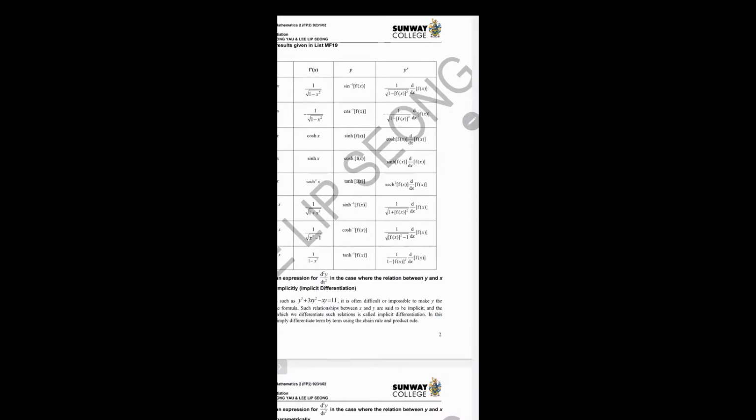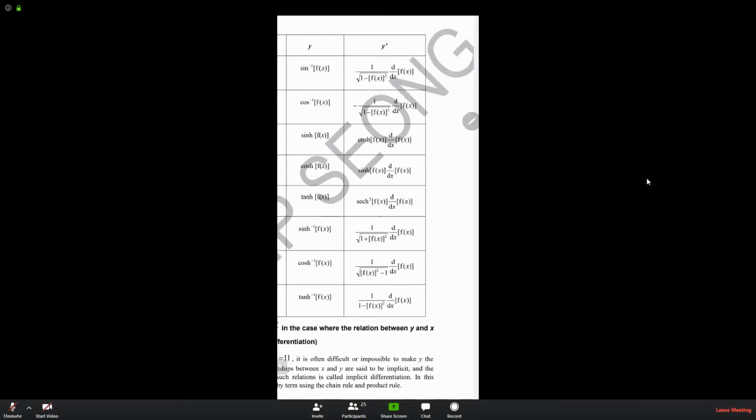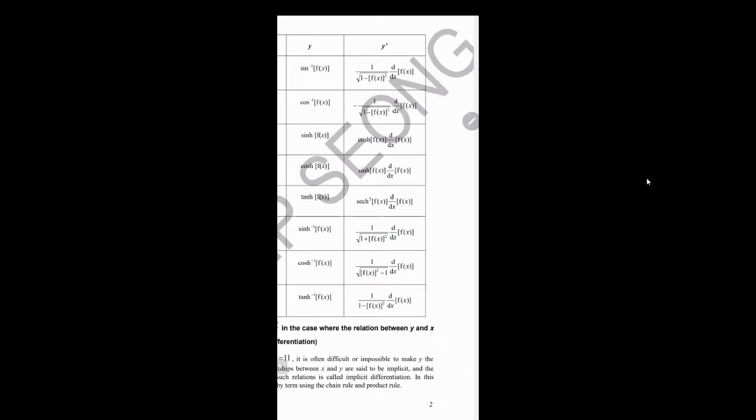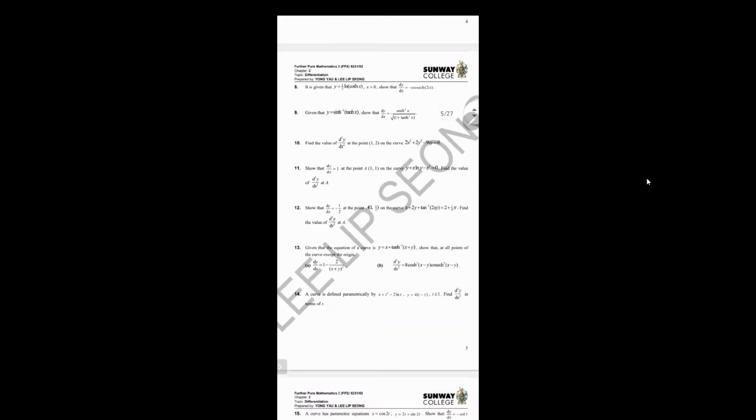Okay. So you have to look at the chain rule here. You have to make use of the chain rule here later. So now we look at how we do this one. We look at the examples. We start with question number 7. Okay, question number 7 here is not implicit. We look at some implicit examples first.